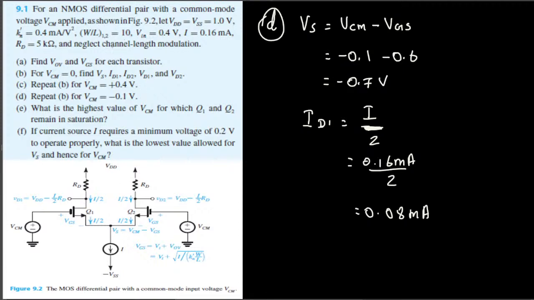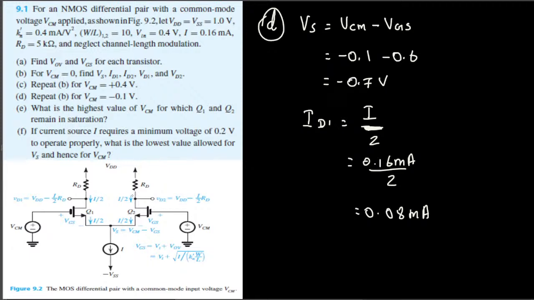The reason is there are two ways you can find it. You can look at the W over L ratio, which is equal for 1 and 2. It means these two MOSFETs are matched. If they are matched and aligned like this, it means this is a current mirror. Whatever current flows through this is exactly the same current flowing through this as well. Or you can see they also mention that this is I divided by 2, and this one is also I divided by 2.